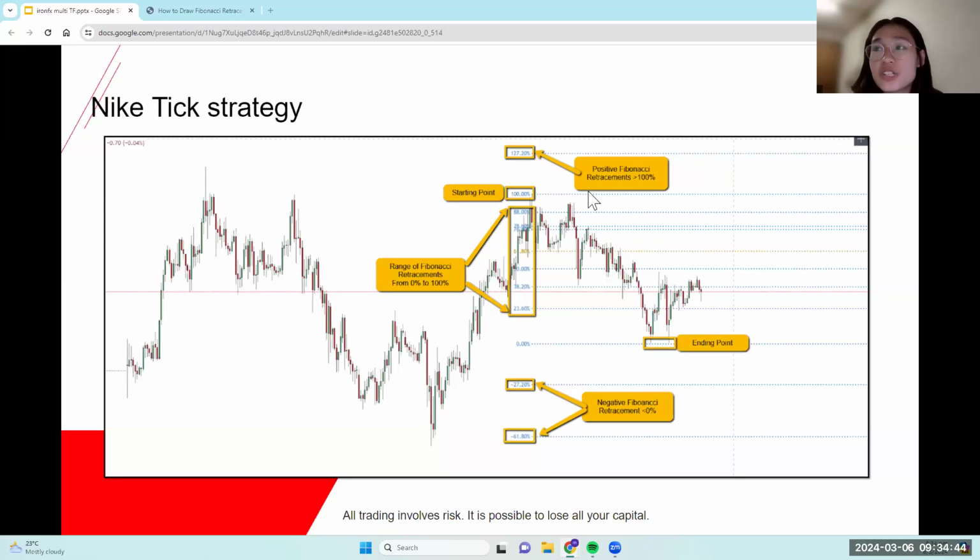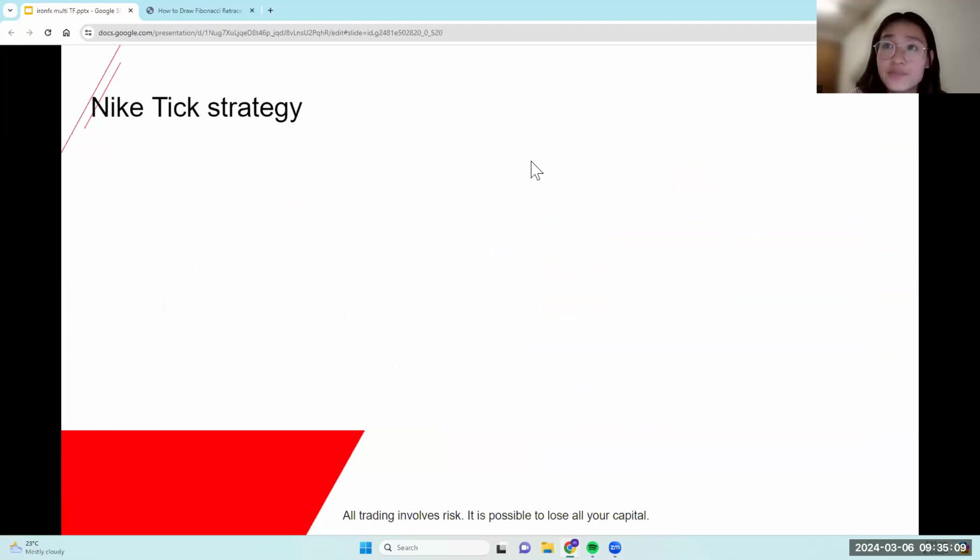In the Fibonacci retracement, we have the levels that are above 100, the mid-range levels, and the negatives. The negatives we call Fibonacci expansions. But now for the Nike tick strategy, we're going to look at the extensions, which are the levels that we use that are more than 100%. That would be 127.2 and also 161.8.